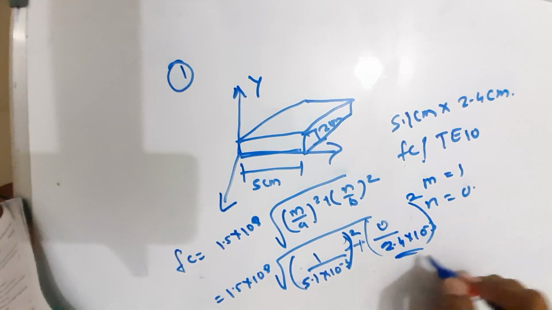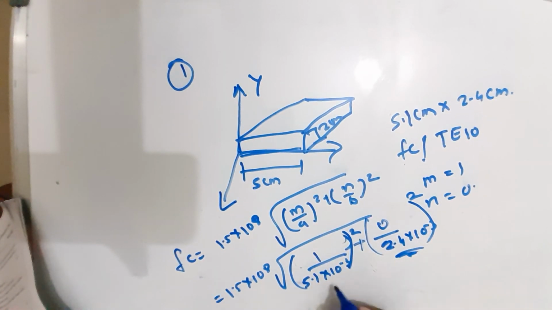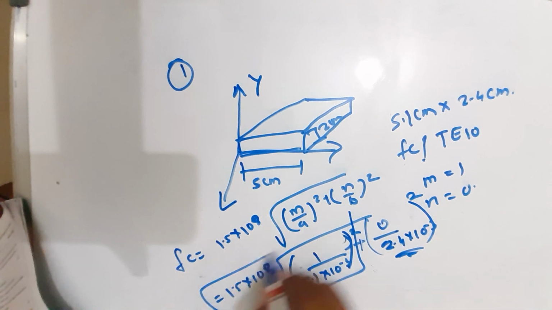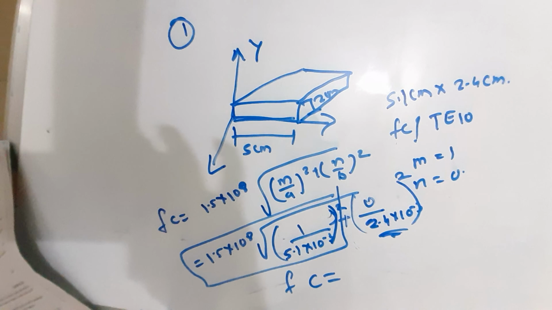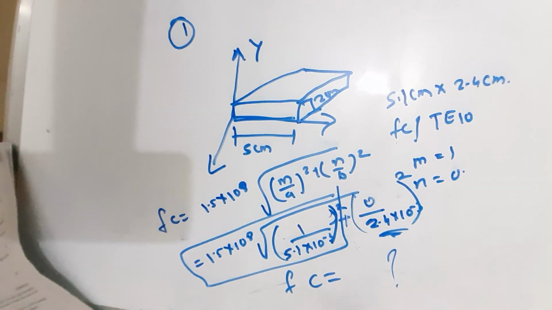So this term will be 0. Only find out this value and you will get the cutoff frequency. Put the answer in Google Classroom. Okay, thank you.